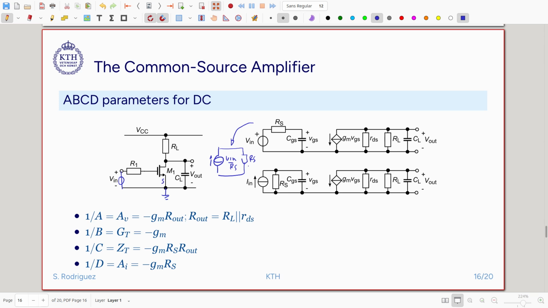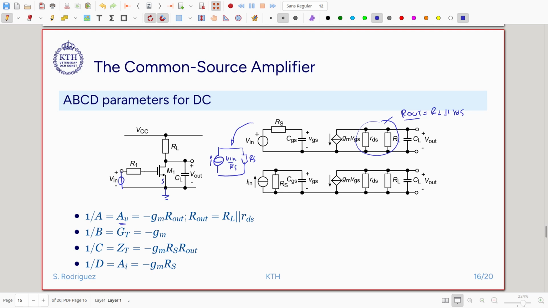Now we can calculate the ABCD parameters at low frequencies. At low frequencies we assume that capacitors do not exist, and we have already done this for the voltage gain. The voltage gain here, if the capacitor doesn't exist, we call this RL parallel with RDS, we call it Rout.